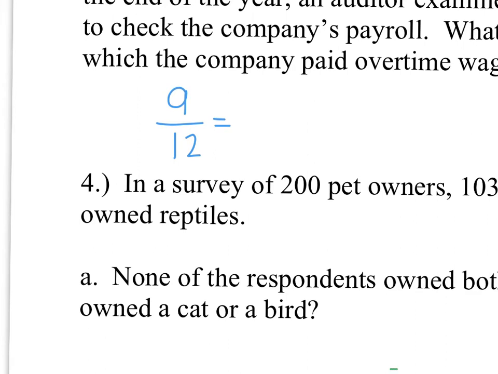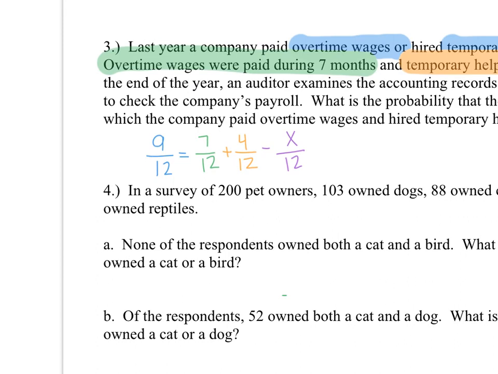So 7 over 12 plus 4 over 12. And that's going to equal, or I'm sorry, not equal. We need to subtract the A and B. So how many months was it both overtime and temporary help? So this is a lot easier than it seems, guys.